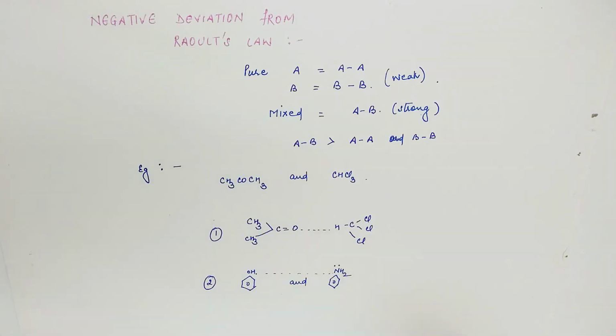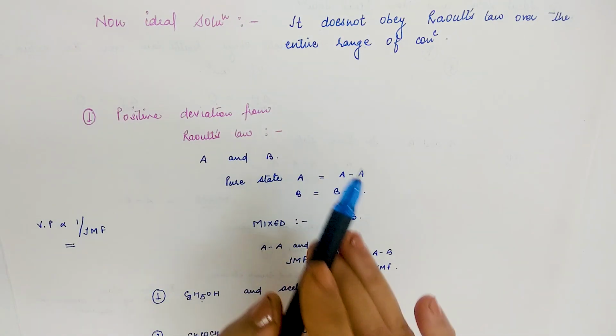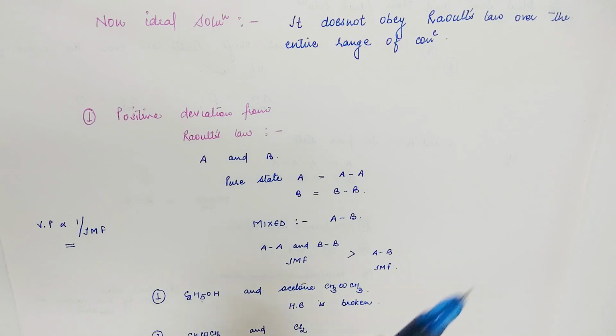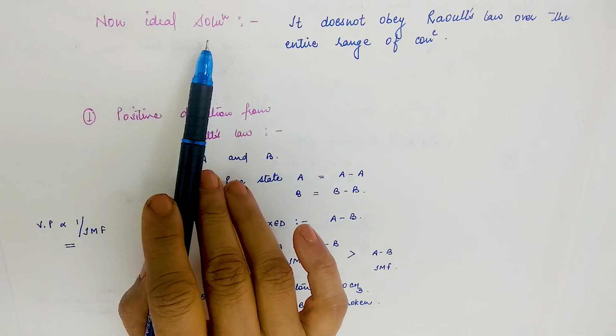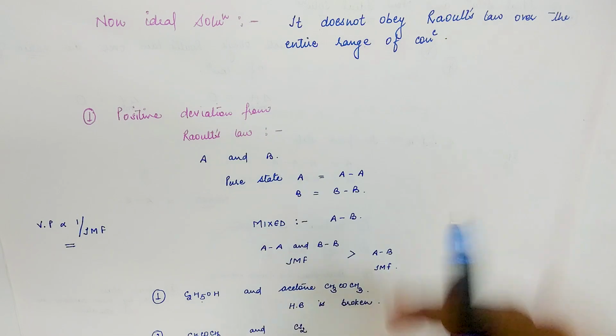When we talk about the non-ideal solution, and hope the definition is clear, when it is written that over the entire range, then only it is an ideal solution. Now the non-ideal solution does not obey Raoult's law over the entire range.